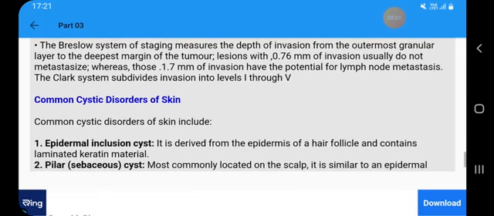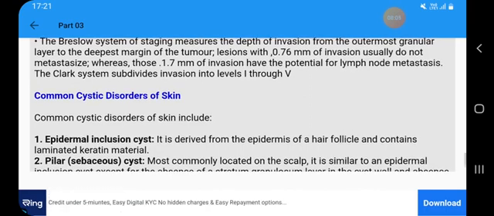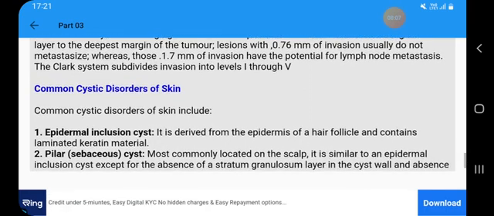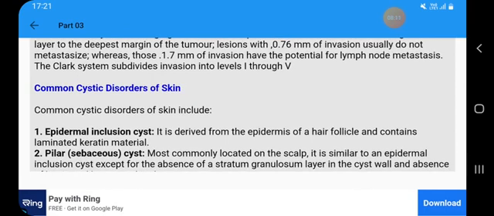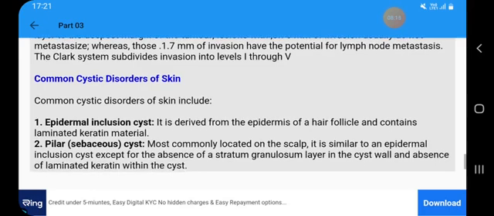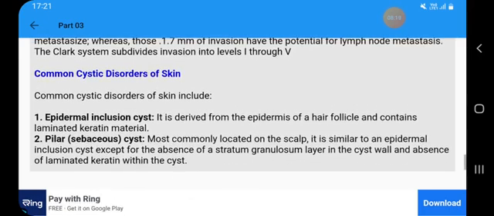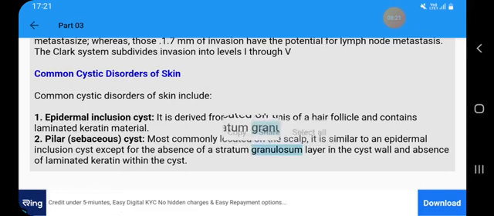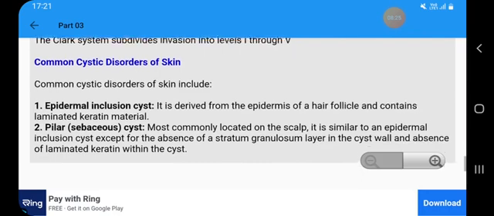The Breslow system of staging measures the depth of invasion from the outermost granular layer to the deepest margin of the tumor. Lesions with less than 0.76 millimeter of invasion usually do not metastasize, whereas those with more than 1.7 millimeters of invasion have the potential for lymph node metastasis. The Clark system subdivides invasion into levels 1 through 5.